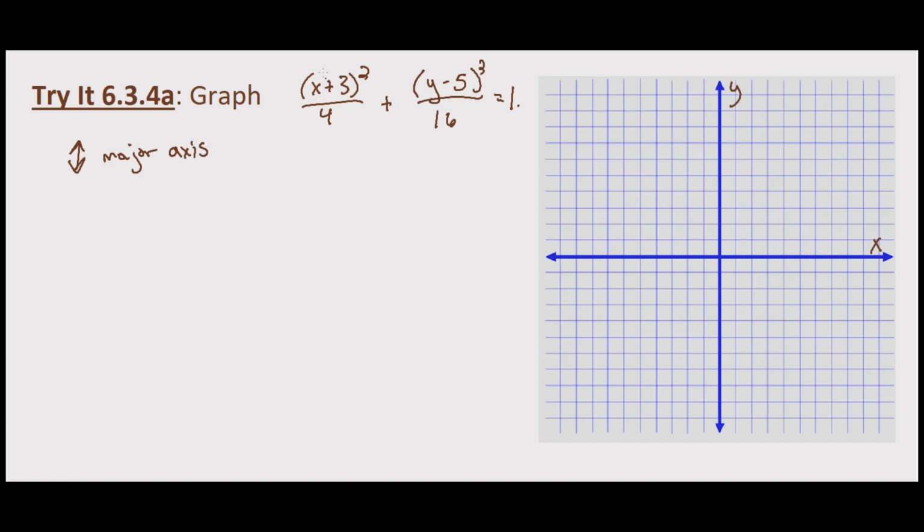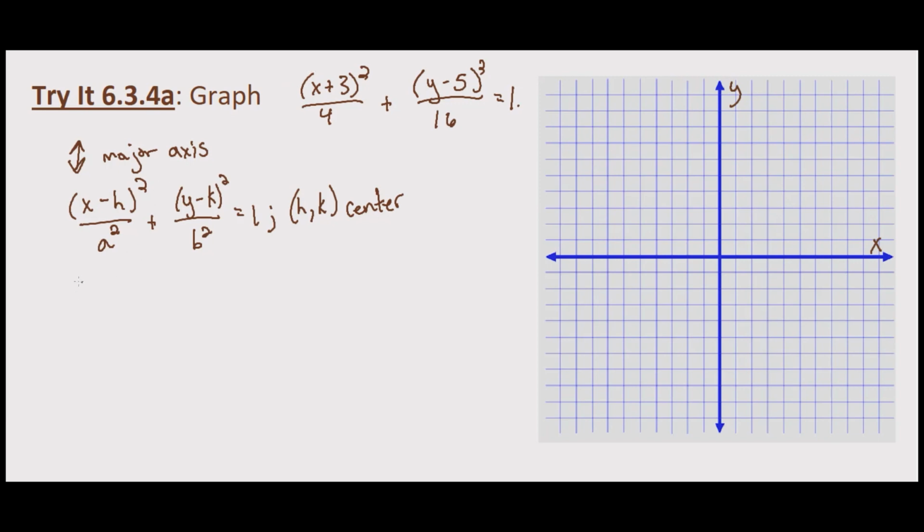Now, where is our center? Well, we're looking at the form x minus h squared over a squared plus y minus k squared over b squared equals 1, where h, k is the center. So in this case, x minus h, that's x plus 3, is x minus negative 3.